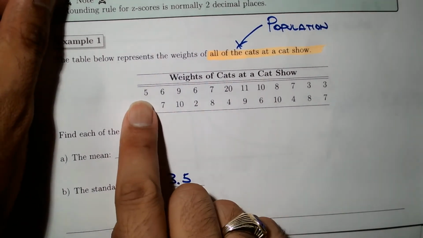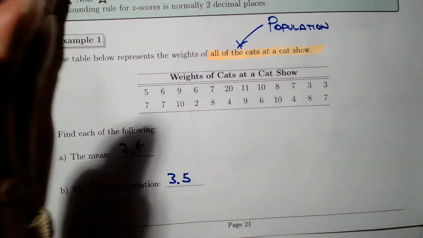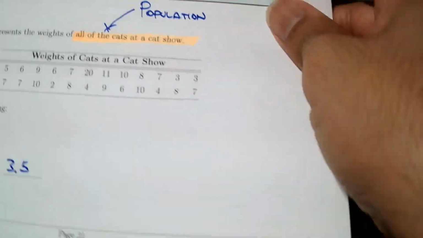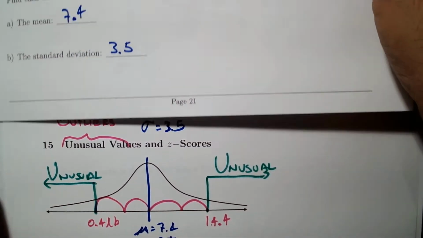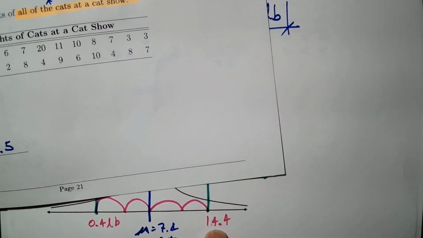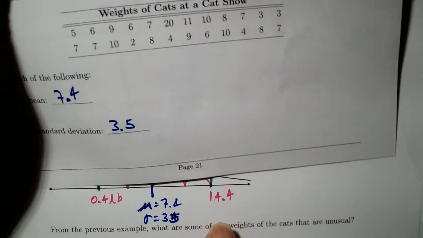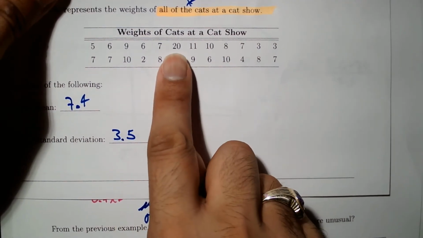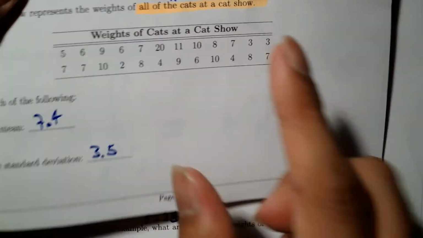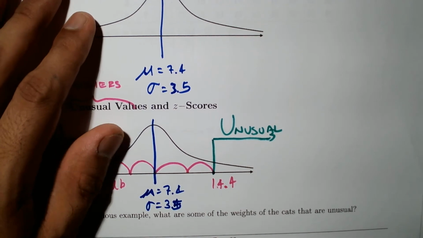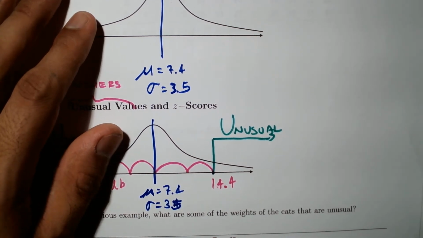It looks like the smallest is 5, so in the left direction there are no outliers. However, the cutoff for the largest values is 14.4. Do we have anything bigger than 14.4? It is right here, 20. So the outlier here is 20.